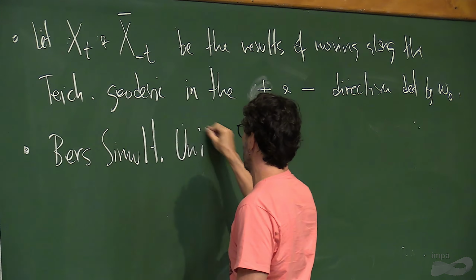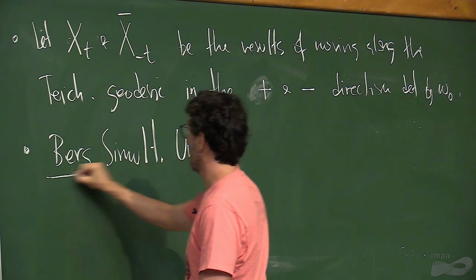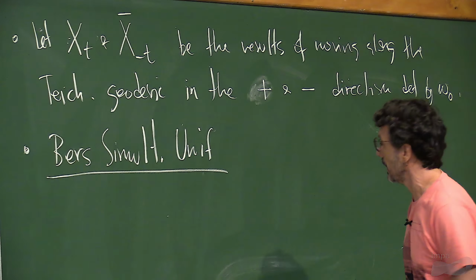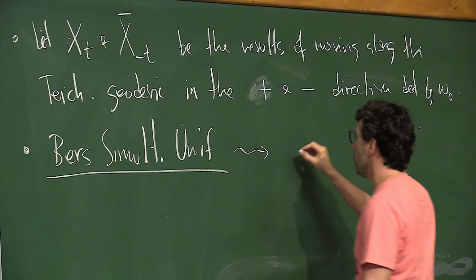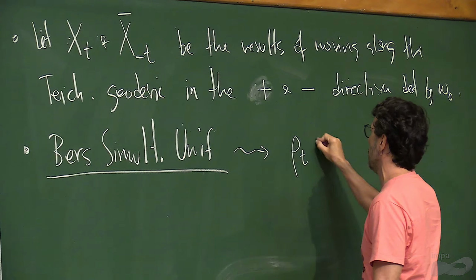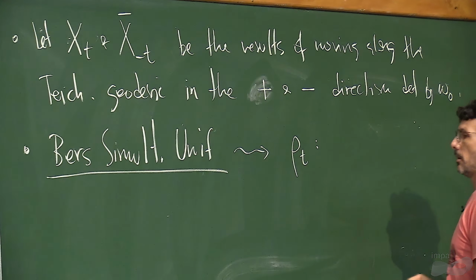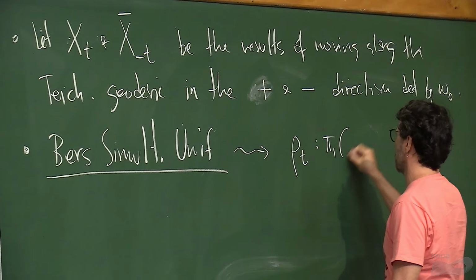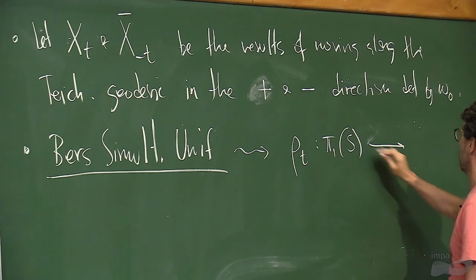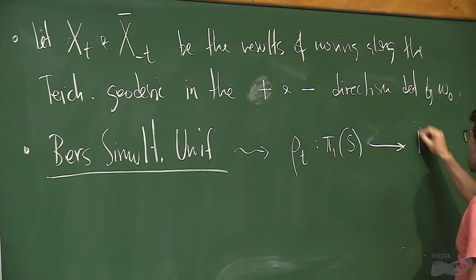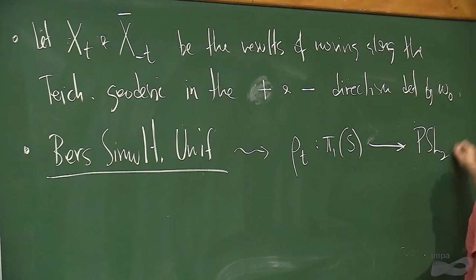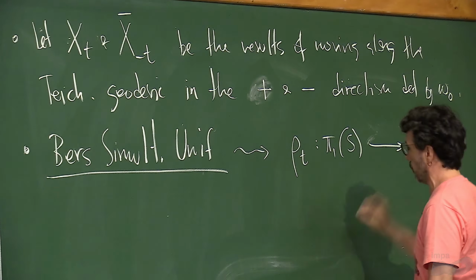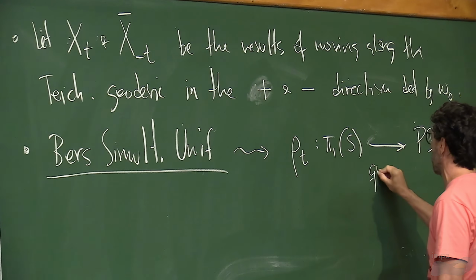uniformization theorem, which produces for you a new representation, rho_t, of the same surface group into PSL2C, which is a quasi-Fuchsian representation.